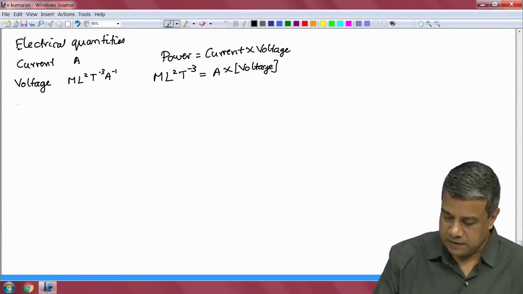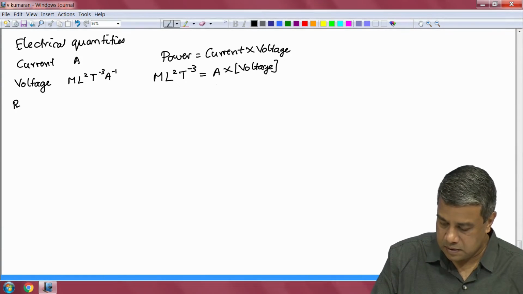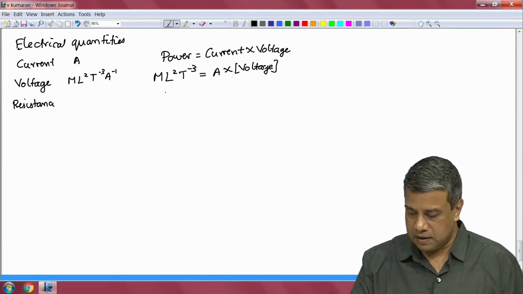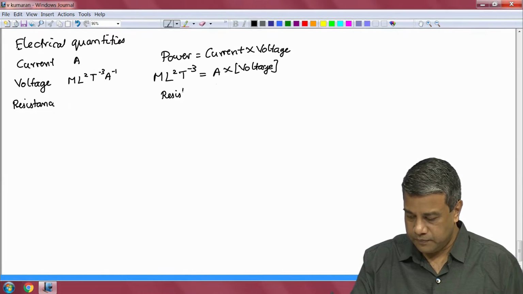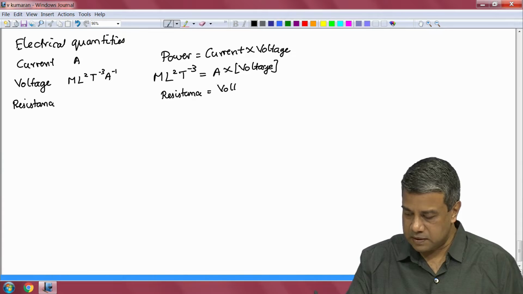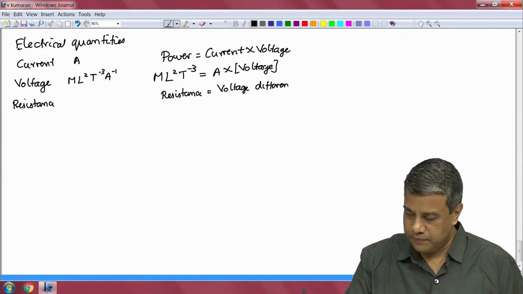What is the dimension of electrical resistance? We know that the electrical resistance is equal to voltage difference divided by current.